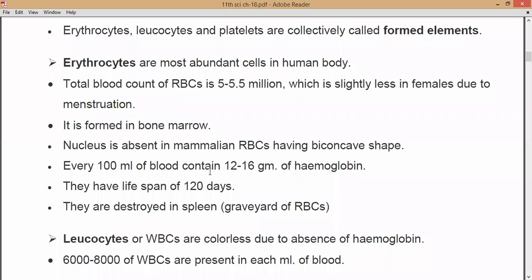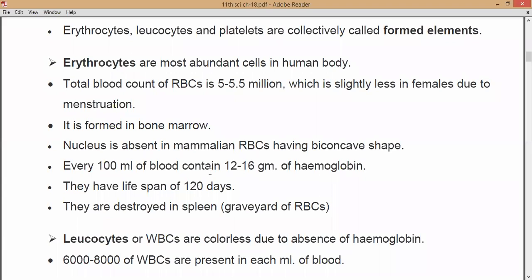This ratio is lesser in females because every month she undergoes menstruation. For this reason, there will be a slightly smaller amount of RBCs in females.